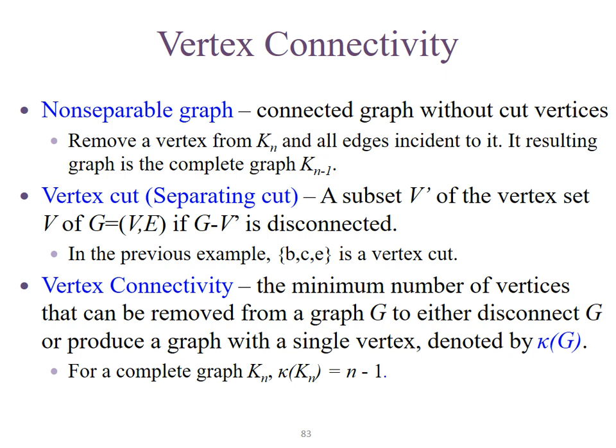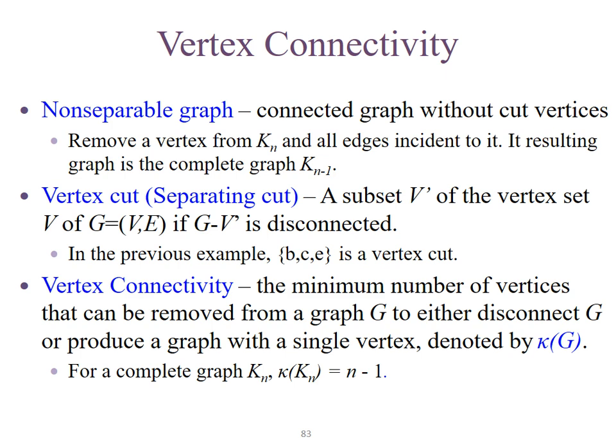Every vertex has an edge to all the other vertices. So once you remove one vertex from Kn, you won't produce any disconnected components. Actually, you can remove 1, 2, 3, 4, 5 to n minus 1 vertices until we have only one vertex left. You cannot produce more connected components. So we call this a non-separable graph.